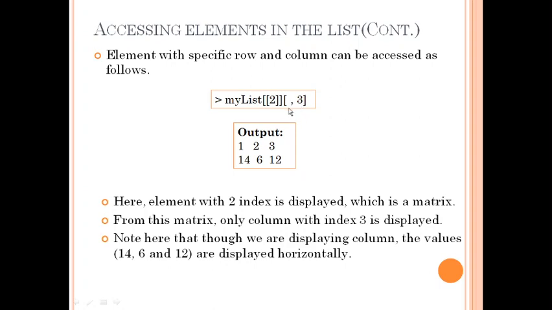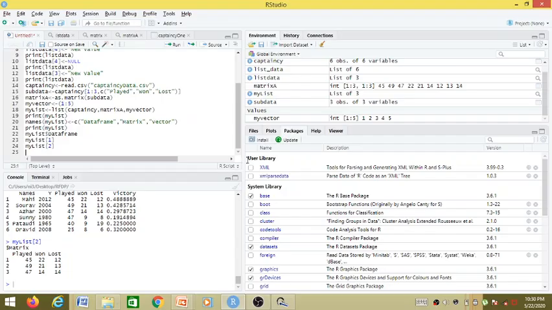We have seen this in a previous session on matrices. So this is the index of the element, and within that element, this is the index of the value which we want to access. So the second element of my list is a matrix, and in that matrix we are asking for the third column, and see for yourself that we are getting the third column. Let us do it in RStudio.